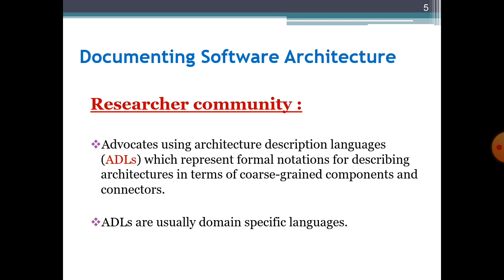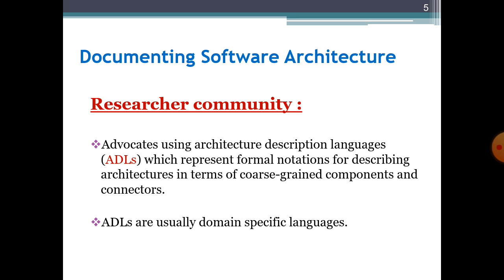It is used to define and model system architecture prior to detailed design and implementation. So this architecture description language can be used to specify an architecture. UML is also one type of architecture description language.